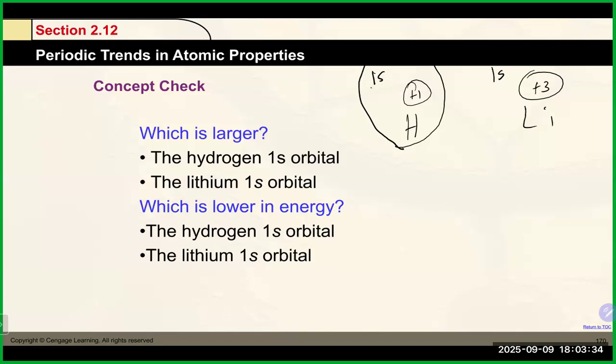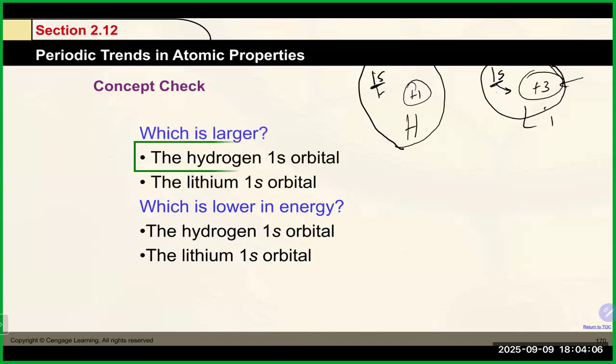And the idea is, if this is our 1s orbital just kind of floating around there, the attraction to our hydrogen is only a +1 attraction, right? But our attraction to lithium is a +3, because it has 3 protons in its nucleus. And the larger the attraction of that positive charge is going to bring that 1s orbital closer. And overall, the size of the lithium is going to be smaller, because in hydrogen the 1s orbital is not coming in as close. And so overall, it's going to be bigger.